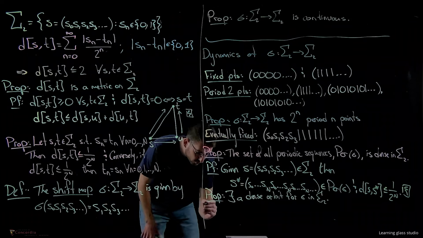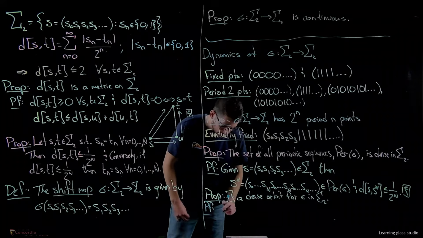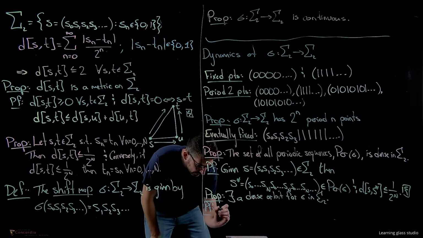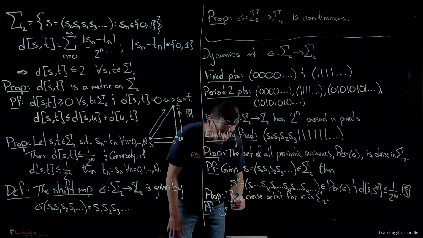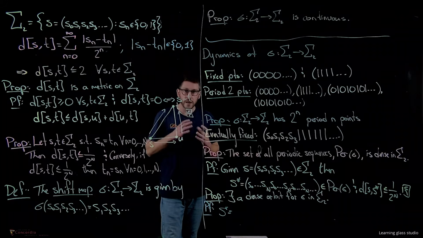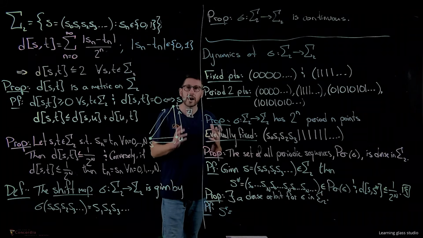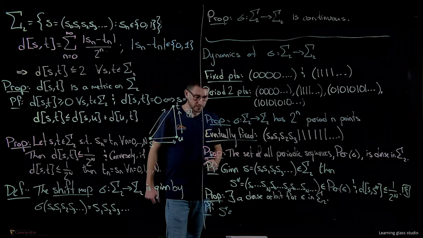And so the proof is actually by construction. Here's what my point is going to look like. I'm going to call it S star. I know I used it up here, but it was within the proof. So S star, what I'm going to do is append every single finite sequence together to make one gigantic sequence.